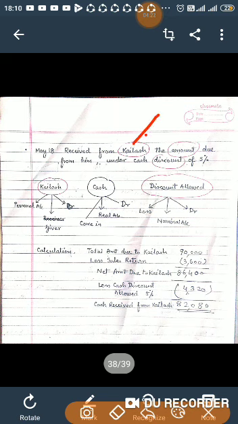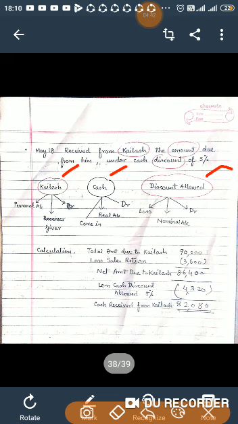Kailash is involved, the amount, that is cash, is involved, and the discount, we are allowing discount to Kailash, so discount allowed is involved. So there are three accounts involved in this transaction: Kailash, cash, and the discount.